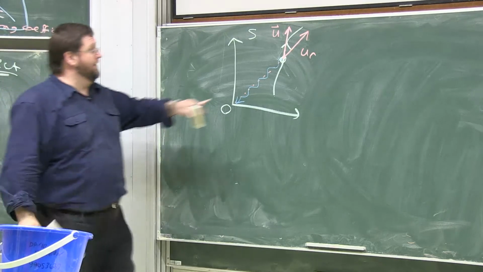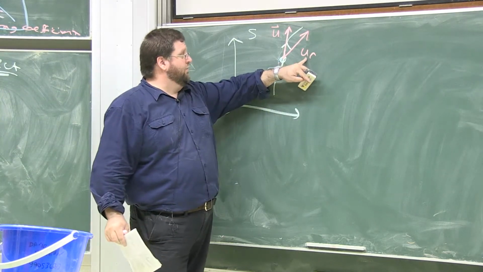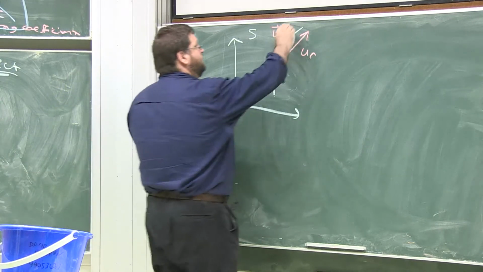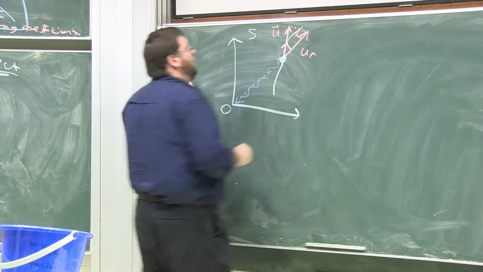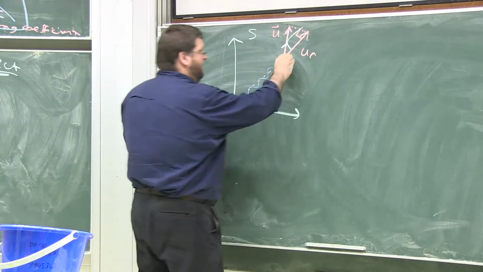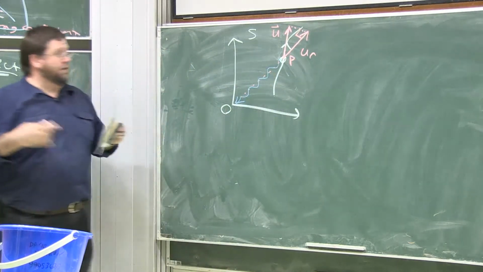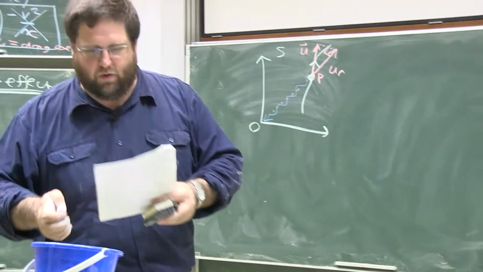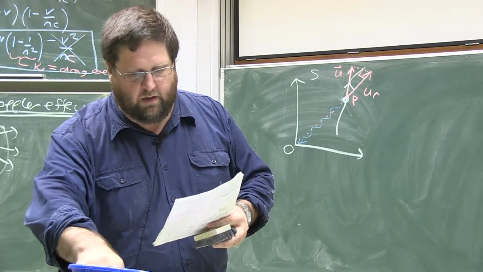And this scalar, which can be positive or negative, is the radial component of the velocity of the particle, which is instantaneously at point P, all relative to the inertial observer fixed at the origin O of S.